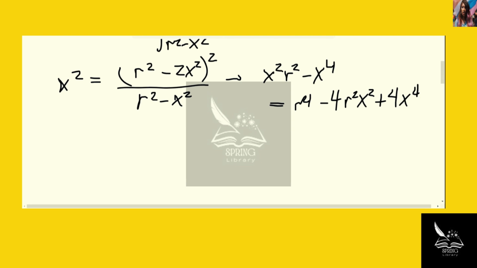So we get 0 equals r to the fourth minus 5 r squared x squared plus 5x to the fourth.